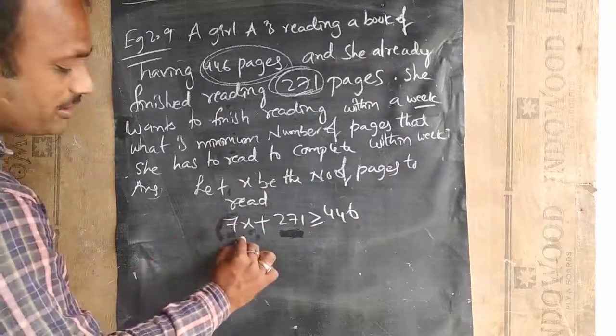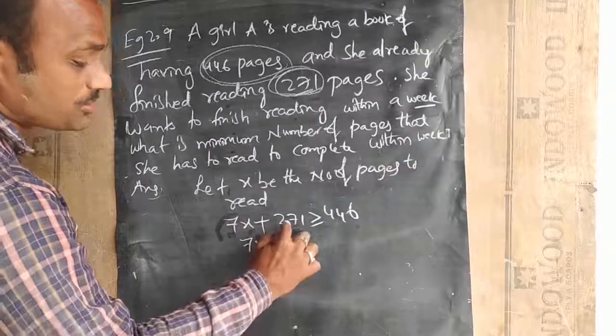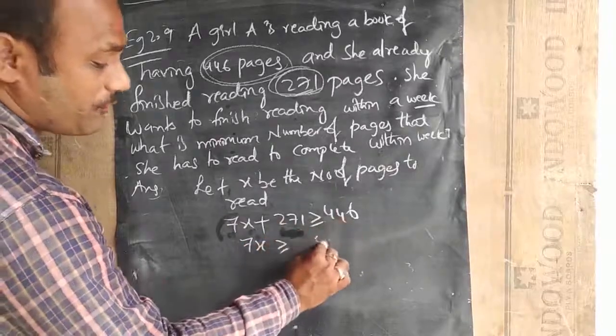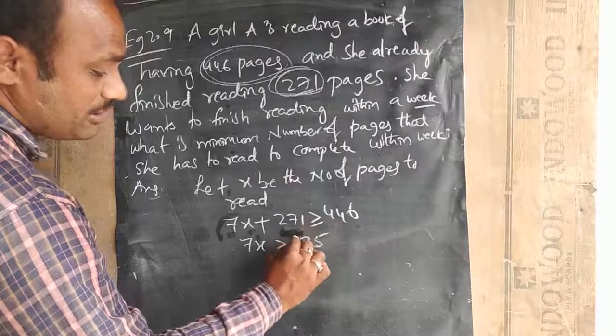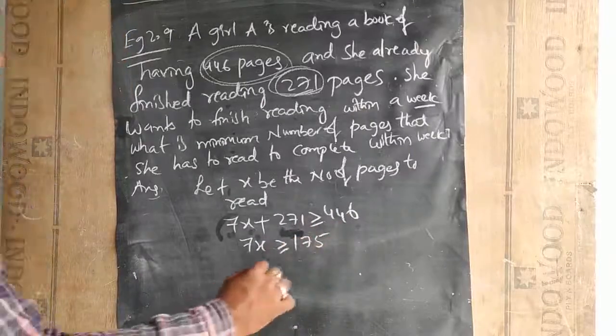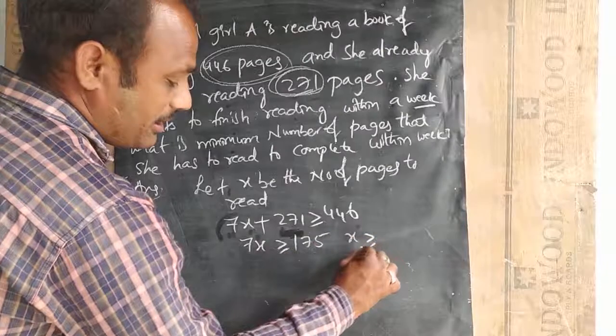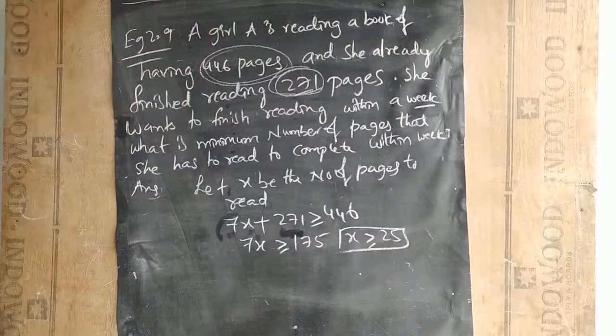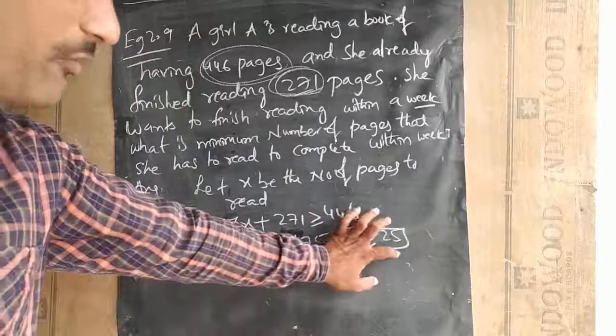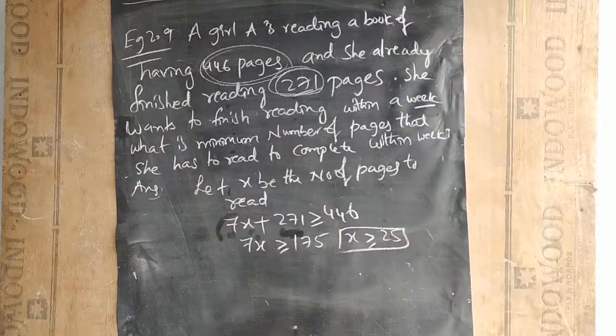So if I simplify this, 7x is greater than or equal to 446 minus 271, which is 175. So x will be greater than or equal to 25. So she has to read at least 25 pages, or more than 25 pages, in that week.